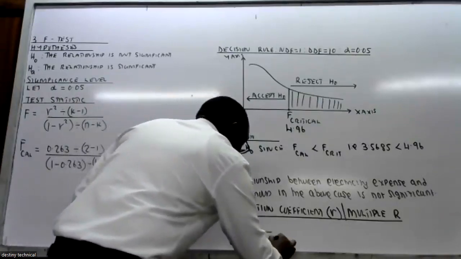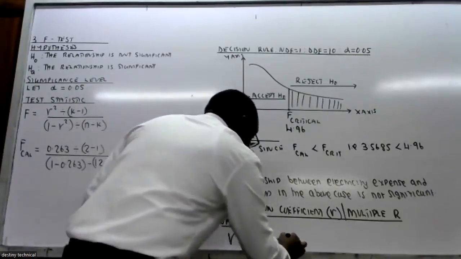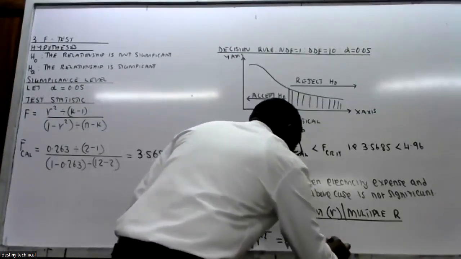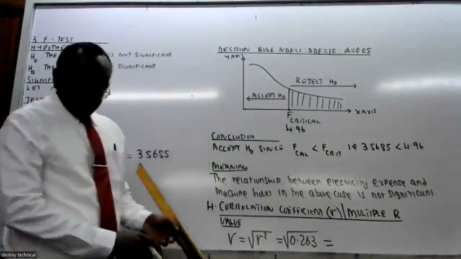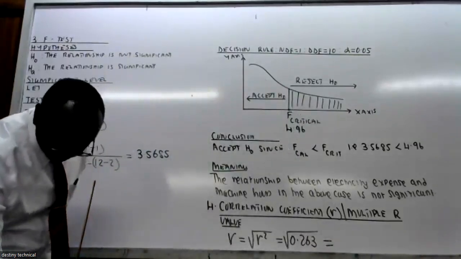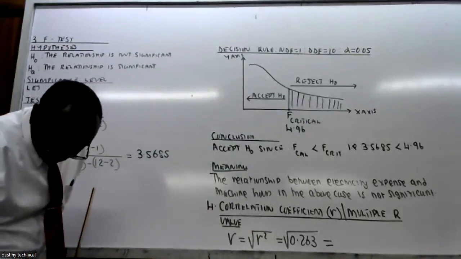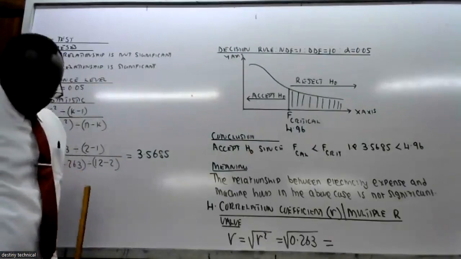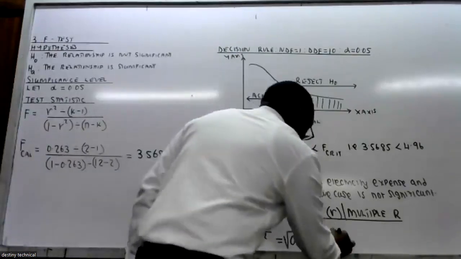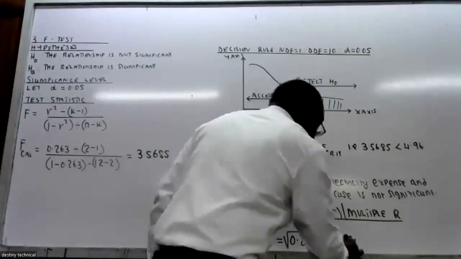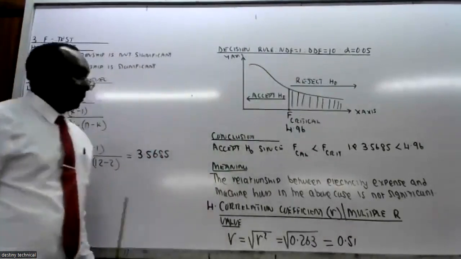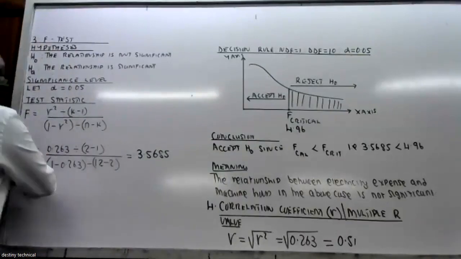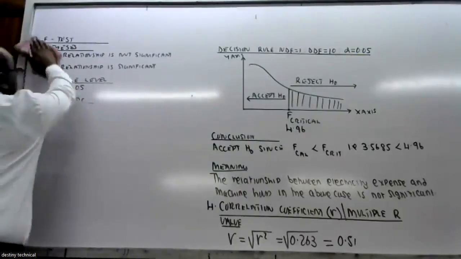So it will be the square root of 0.263. If you are told to get the square root of 0.263, tell me whether you are getting 0.51. Yes, good. 0.51. That is the value.